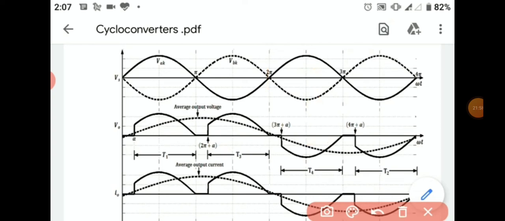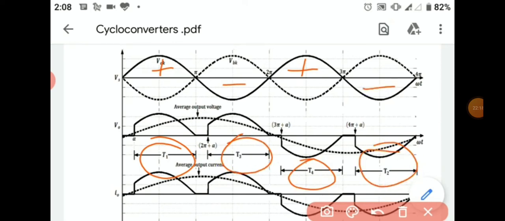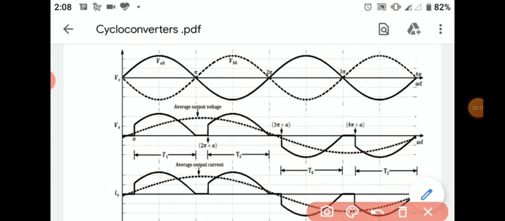Another important thing is that during the first positive half cycle, the thyristor T1 will work. During the second positive half cycle, thyristor T4 will work. During the first negative half cycle, thyristor T3 will work, and during the second negative half cycle, thyristor T2 will work. The output from these pulses will be the average output of the positive pulse and the average output of the negative pulse.